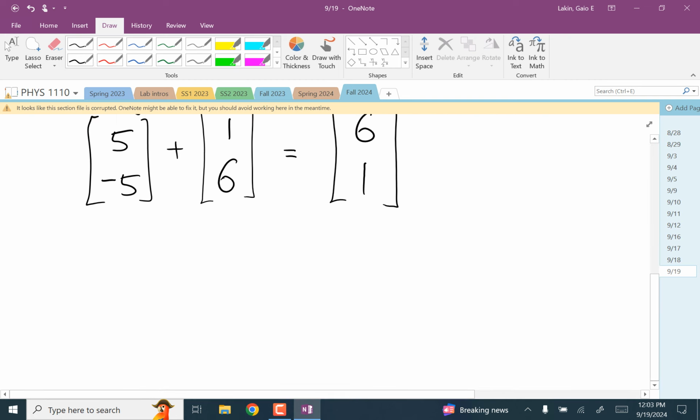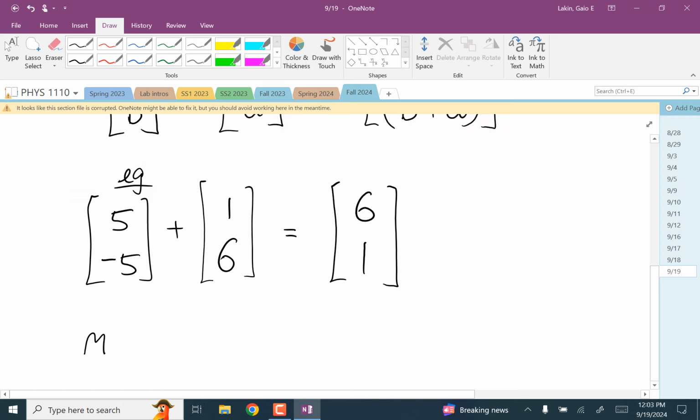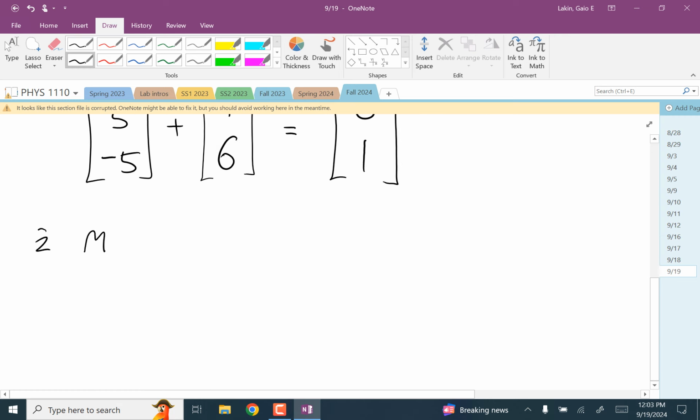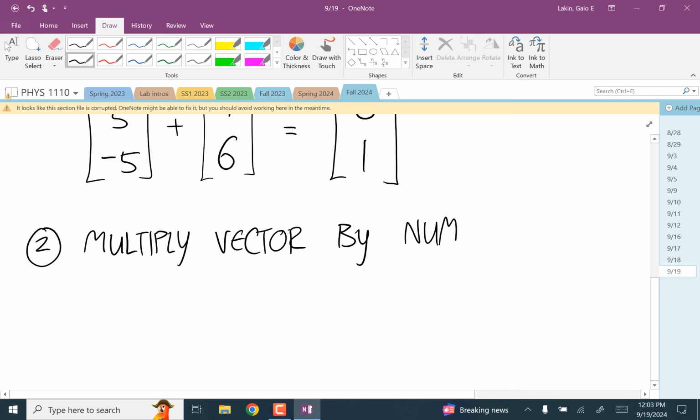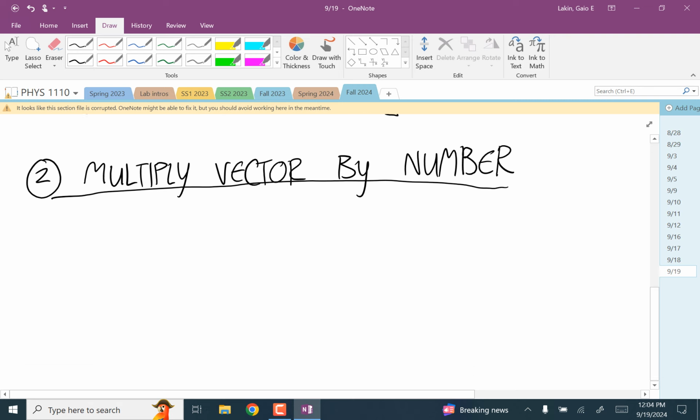The second thing we have to be able to do is multiply a vector by a number. If we have a number C and we're multiplying it to a vector with components A, B, what we do is just multiply the C times each of those components.